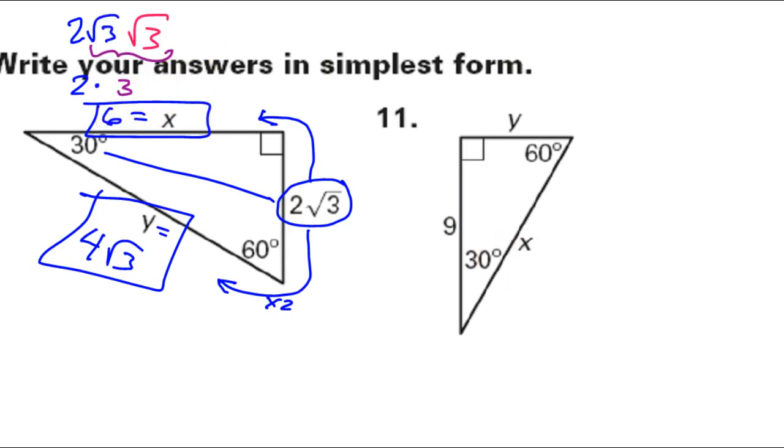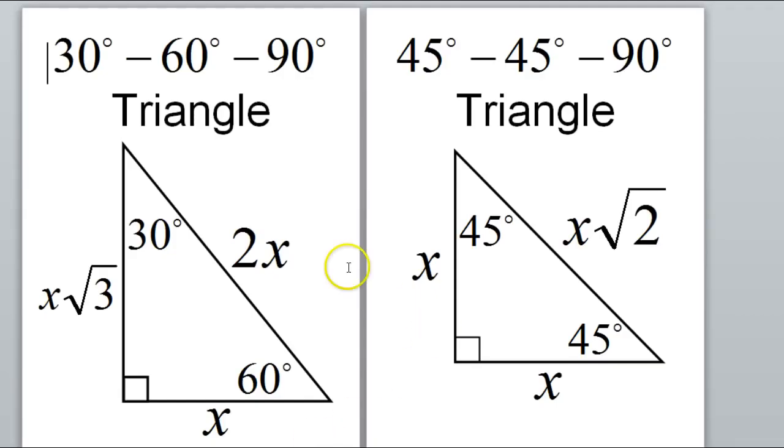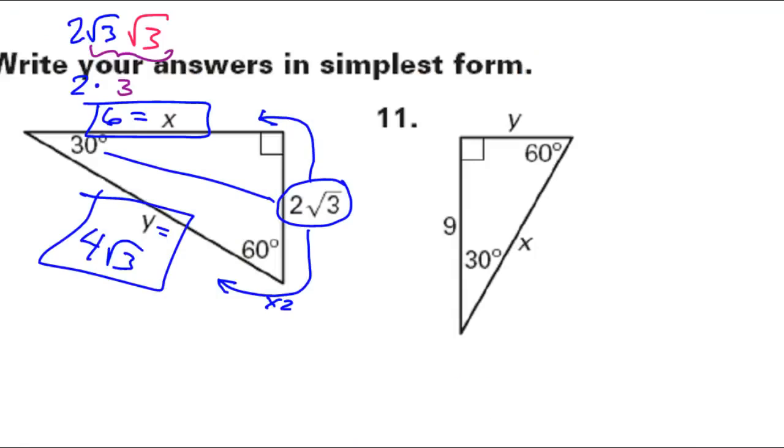Again, I'm going to use these symbols, all right? But instead of x's, I'm going to use b's. So I'm going to go b, 2b, b radical 3. Same difference. I'm doing that to avoid the fact that they use x already in the problem. So I'm going to use b's instead.